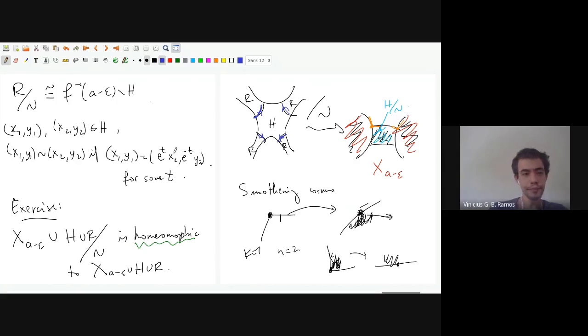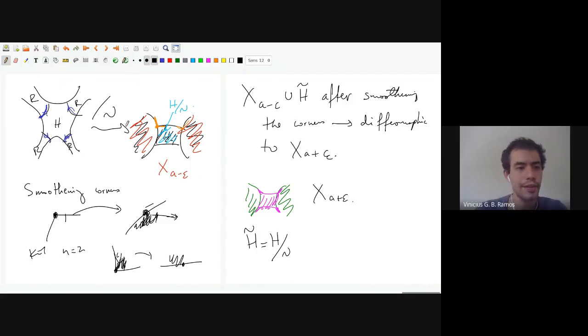So what you do is basically you take these points that, this blue piece here of H was just an Sk times an Sn minus k minus 1 times the interval, and you just kind of erase the interval part. So now when you squish that, all that you are left with is the product of this part with this part.